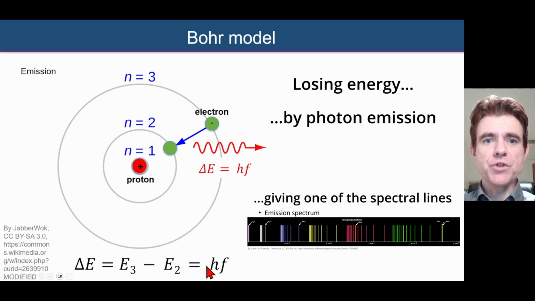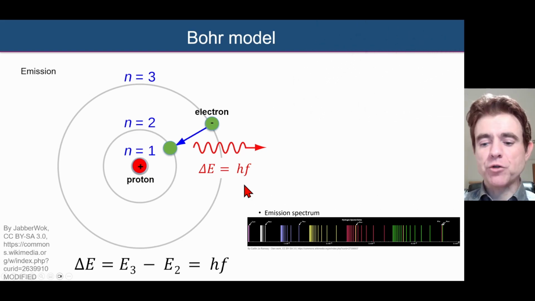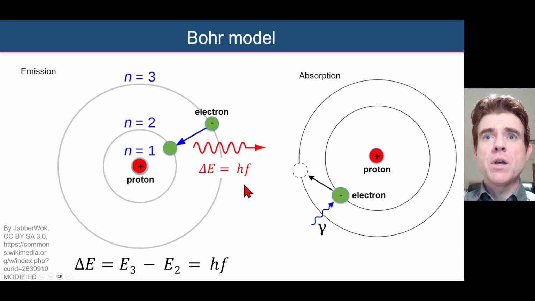So we look at the difference and that gives us the energy of the emitted photon, which of course corresponds to one of those lines in the hydrogen spectrum. Okay, and what we'll be seeing in this video is just how perfectly he was able to describe those exact hydrogen spectra by this very model.